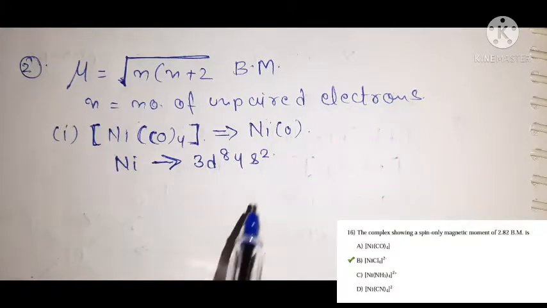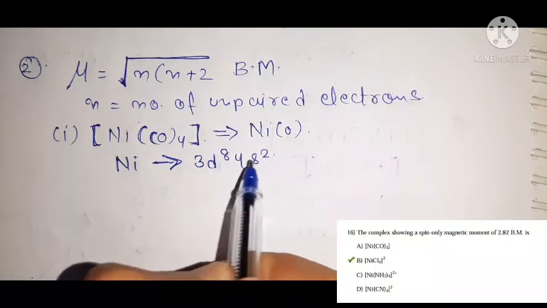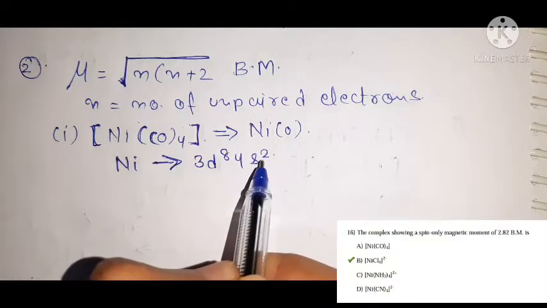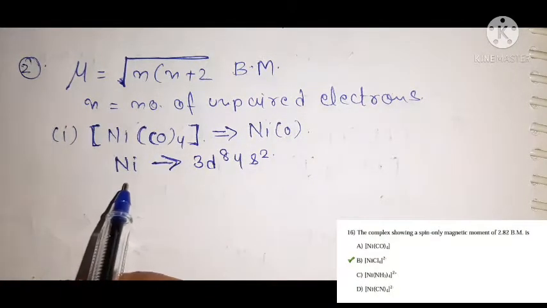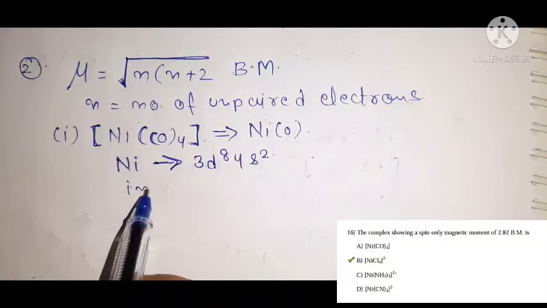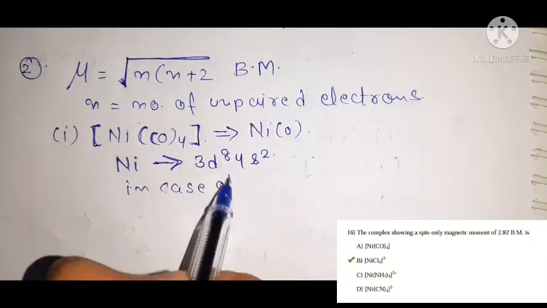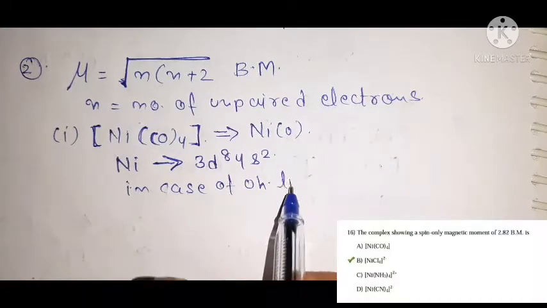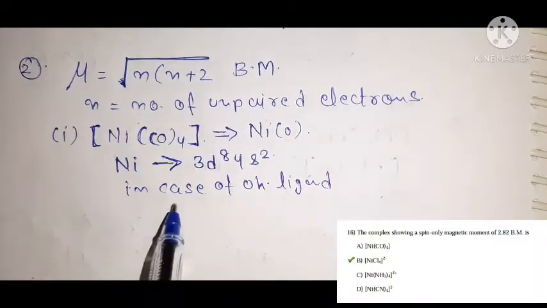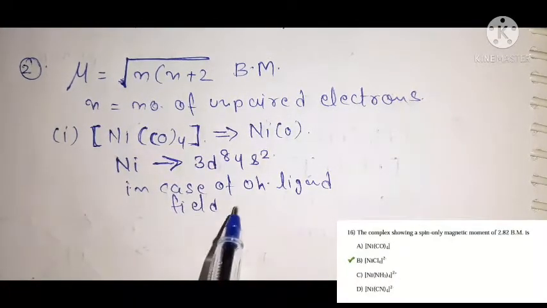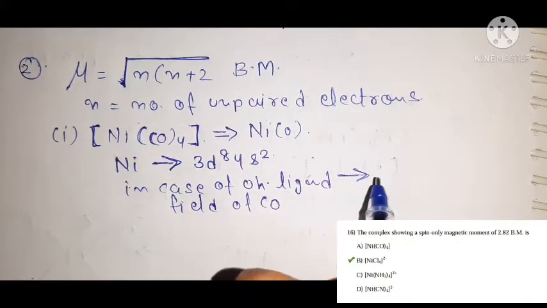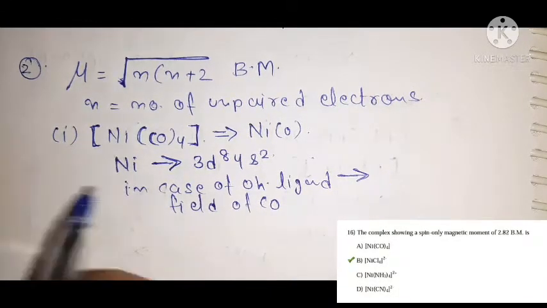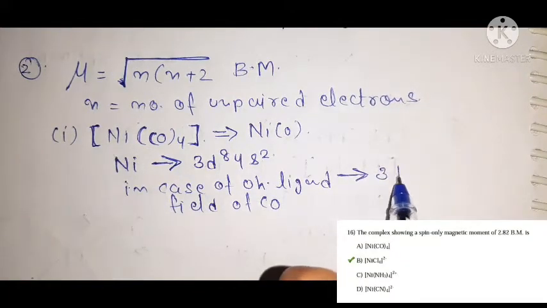So that means here these two electrons from the s orbital can shift to the d orbital. So in the case of the octahedral ligand field of CO, the electronic configuration of this nickel metal atom will be 3d10.